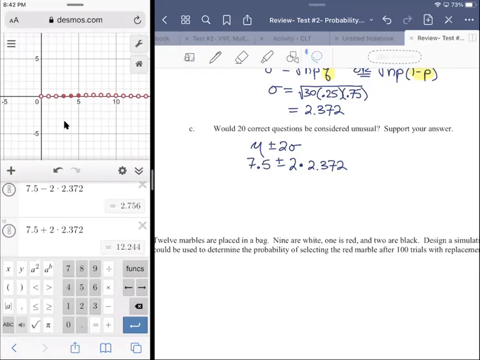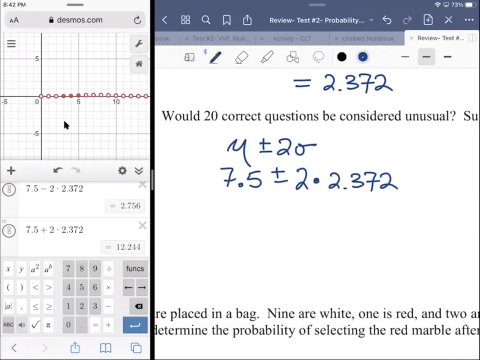All right, so we're looking at, oh, that is not a pen. On the low end, 2.756. And on the high end, 12.244. Close bracket. This is the usual interval.